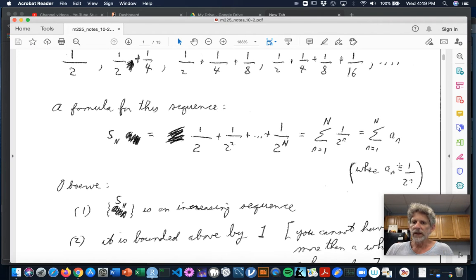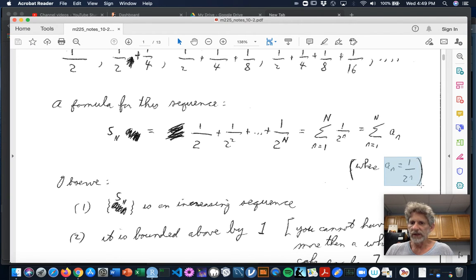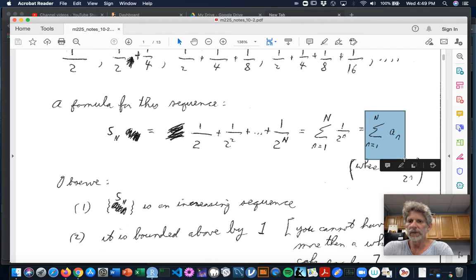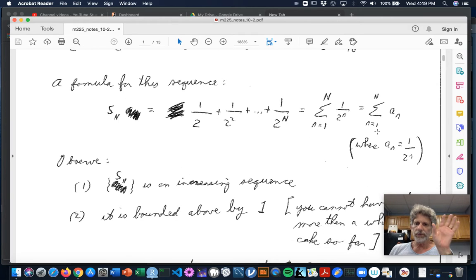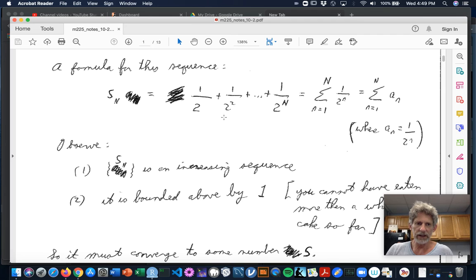When we write the general terms of the original sequence as a sub n, then we could say that the partial sum is the sum, little n goes from 1 to capital N, of a sub little n, okay? Now, for this particular sequence of partial sums, I'd like you to notice that it's an increasing sequence.